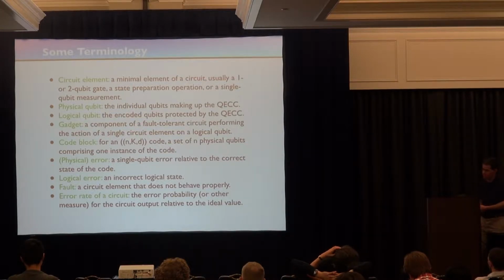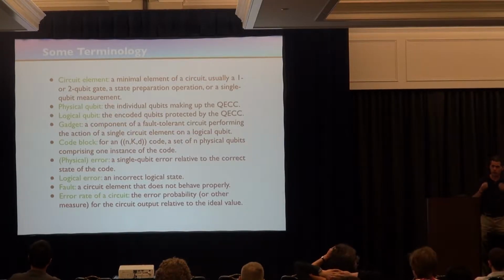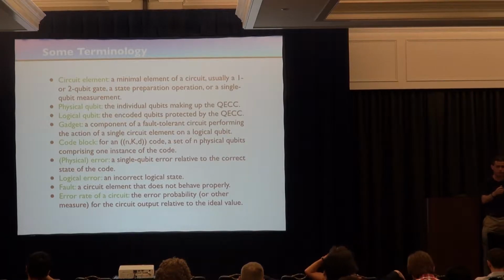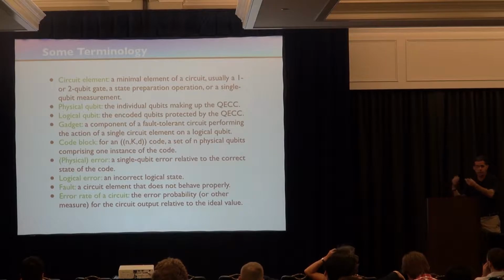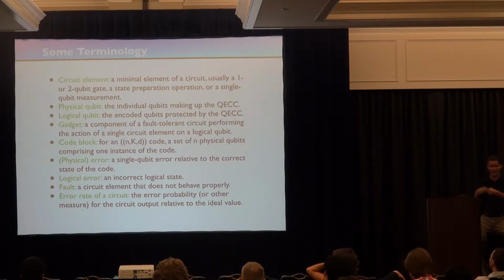Gadget is terminology that's more specific to fault tolerance. A lot of fault tolerant protocols work by taking each circuit element and coming up with some more complicated circuitry that implements that circuit element on encoded states. For instance, you might have a gadget that creates a logical 0 state and does whatever checking you need to do to verify that and make it fault tolerant.